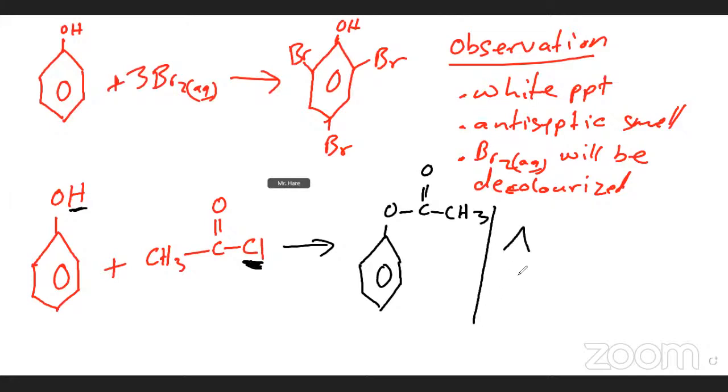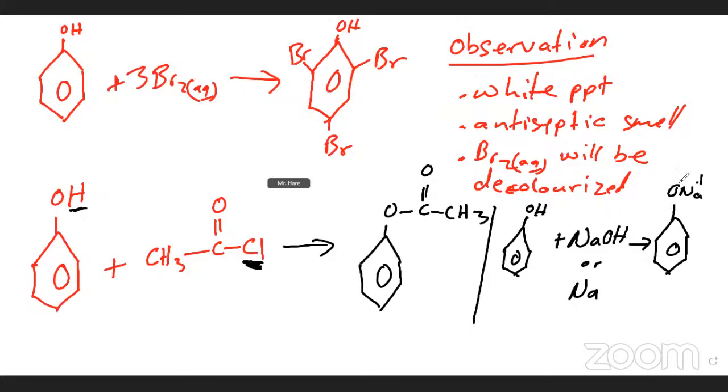So if you react phenol with sodium hydroxide or sodium metal, you will get the same product, which is the major product, that is, you will get O-Na.